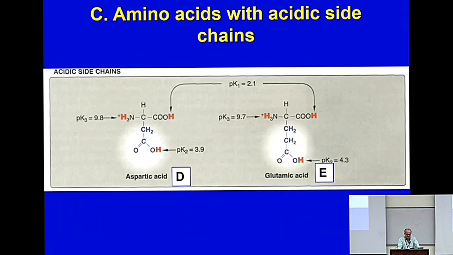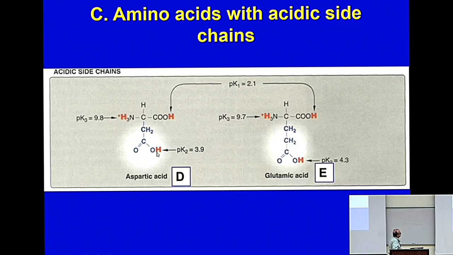There are two of these acidic amino acids, aspartic and glutamic. Aspartic, with 2 carbons, has an extra carboxylic group. Remember, all amino acids have an amino and a carboxylic group. Well, the R group here has an additional carboxylic group.